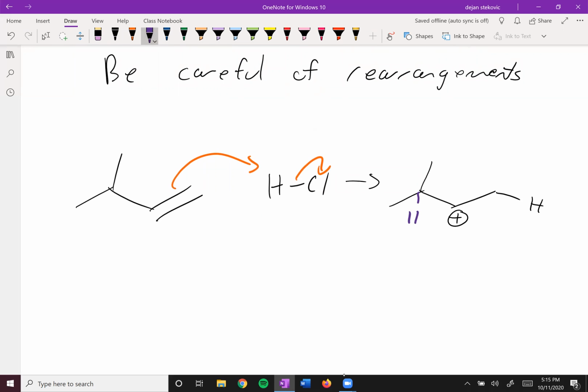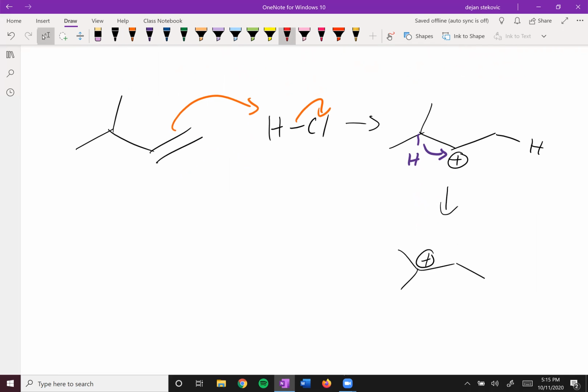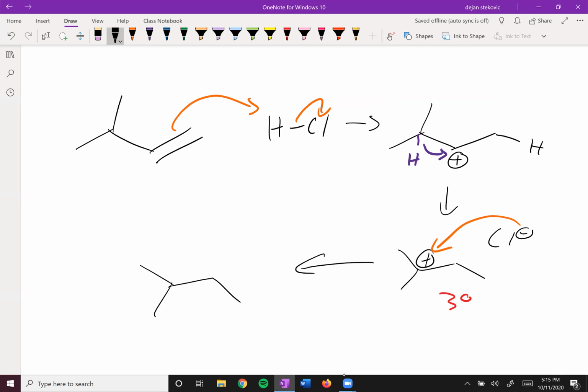However, this can undergo a hydride shift to become a tertiary carbocation. And then after that, the chlorine can attack to form your final product. So you're going to get a mixture of things here, which is less desirable. And the general rule is if a carbocation rearrangement can occur to form a more stable carbocation, it will.